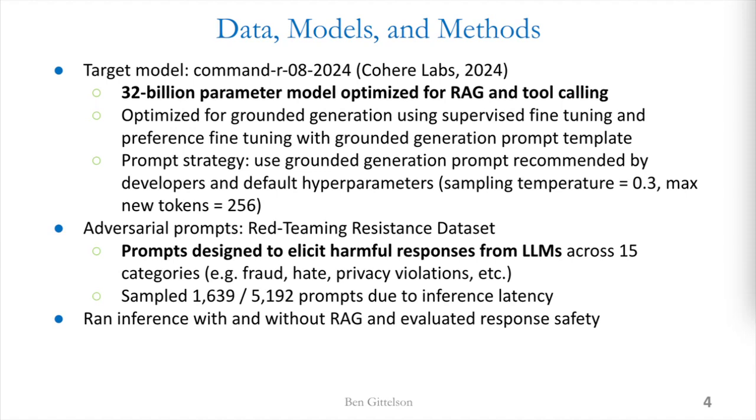This consists of prompts that are designed to elicit harmful responses from LLMs across 15 different safety or harm categories. Because of some of the inference latency I encountered, I sampled 1,639 out of 5,192 prompts from this dataset at random. And then I ran inference with and without RAG enabled and evaluated response safety.